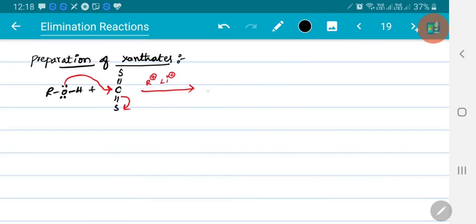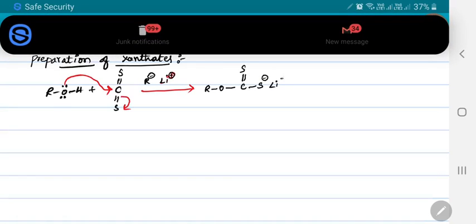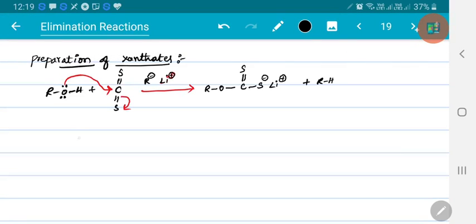The obtained product is RO, and the H plus is abstracted by R minus. This R minus will abstract that acidic hydrogen, forming ROC double bond S, and this becomes S minus and Li plus. Of course, RH is gone out. Right. Now this is again allowed to react with methyl iodide.